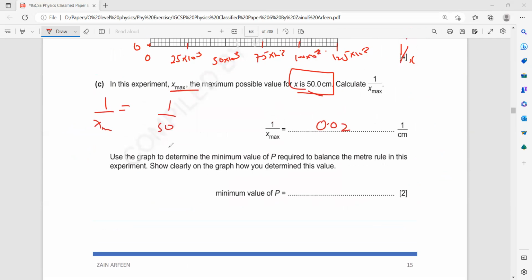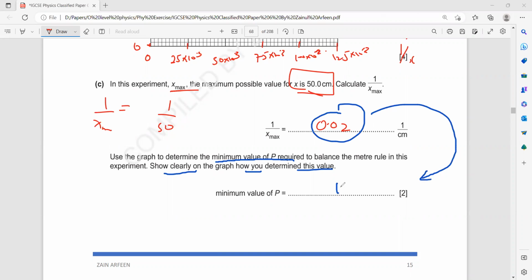Because the question is, use your graph to determine the minimum value of P required to balance and show clearly on the graph how you determine it. To get the minimum value of P, we should have a minimum value of 1 over X as well, or a maximum value of X. So from this value of 0.02, we determine the load, which was 1.8 Newton. Is this clear, this part?